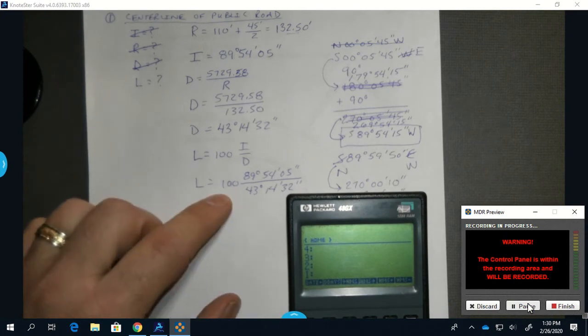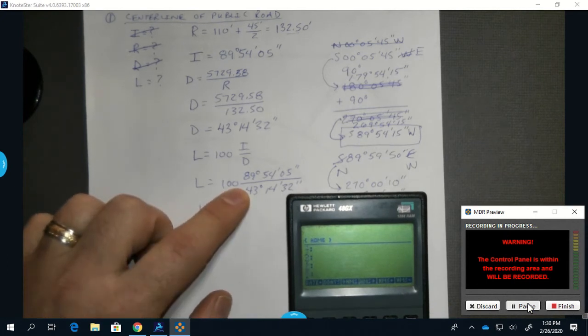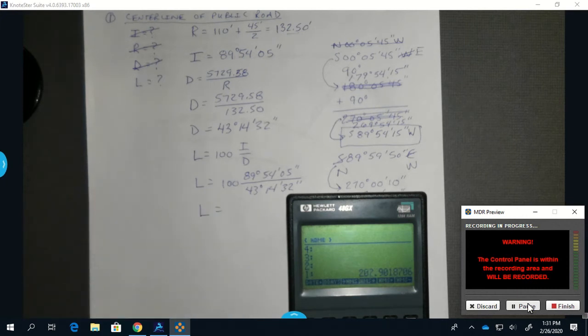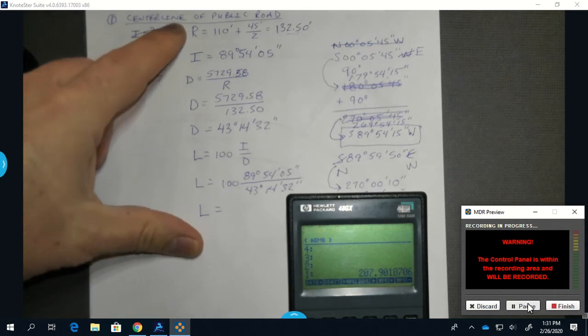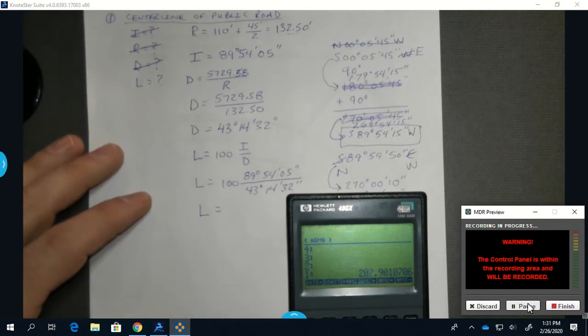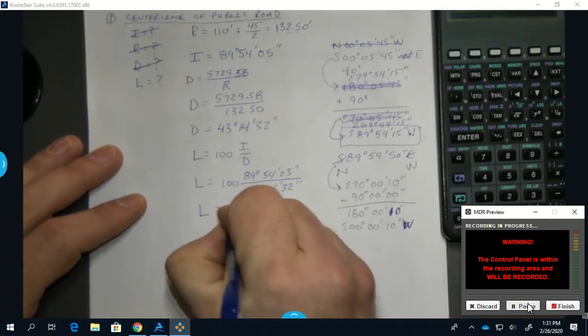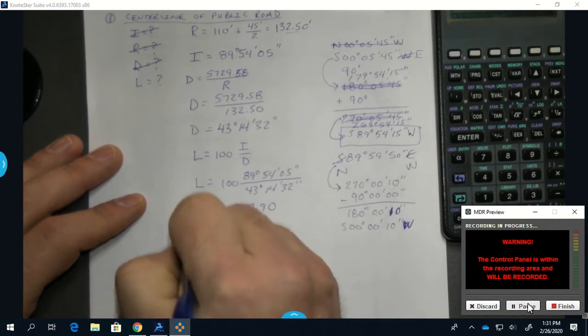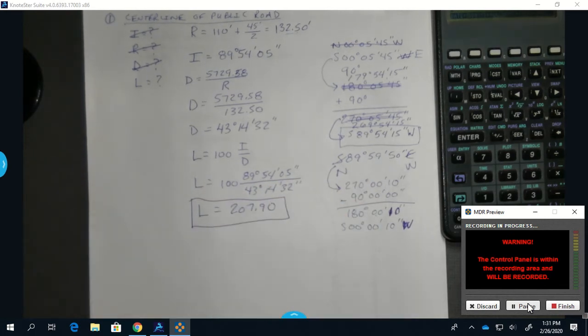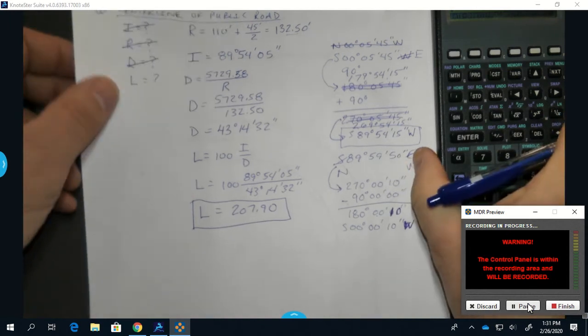The way I stack in my calculator is different than you probably will in yours. My distance along the arc of my curve, the center of the road, is 207.90. That is our answer for the arc length of center line.